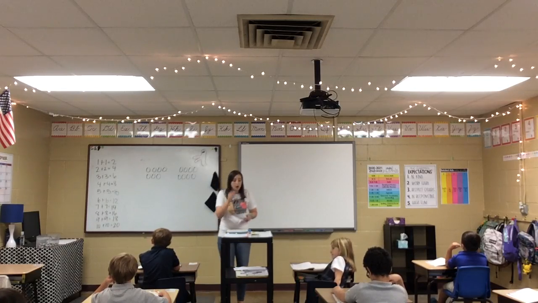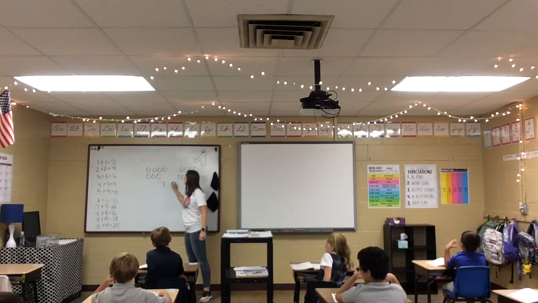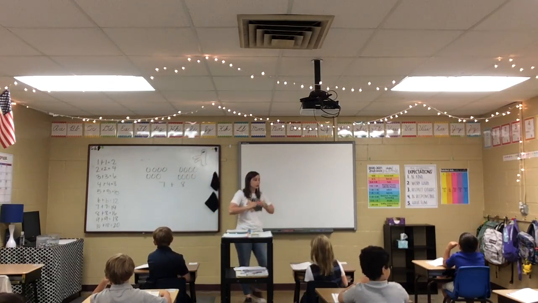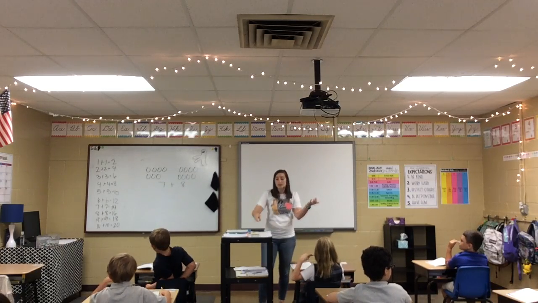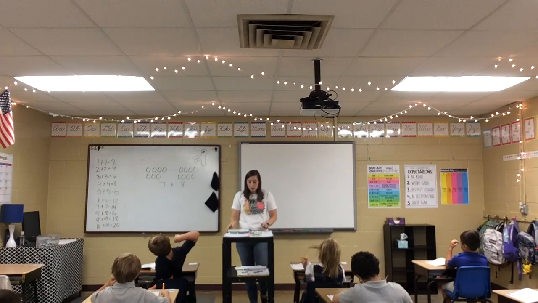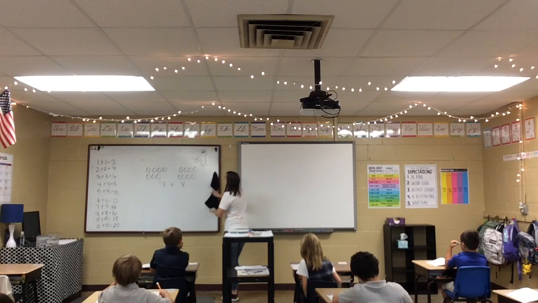Okay? So what we have to find is 7 plus 8, because that's what he has. He has 2 groups, a group of 7 and a group of 8. So you can do doubles plus 1.